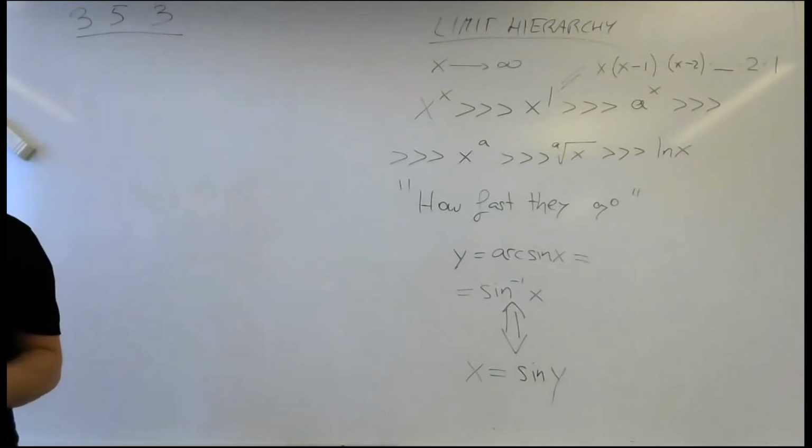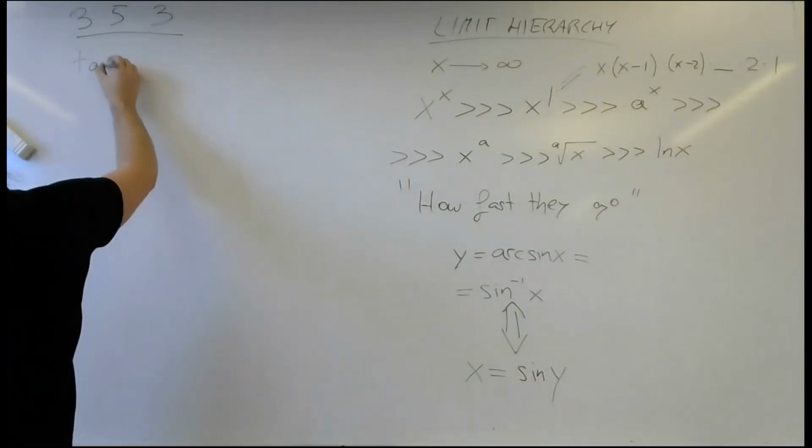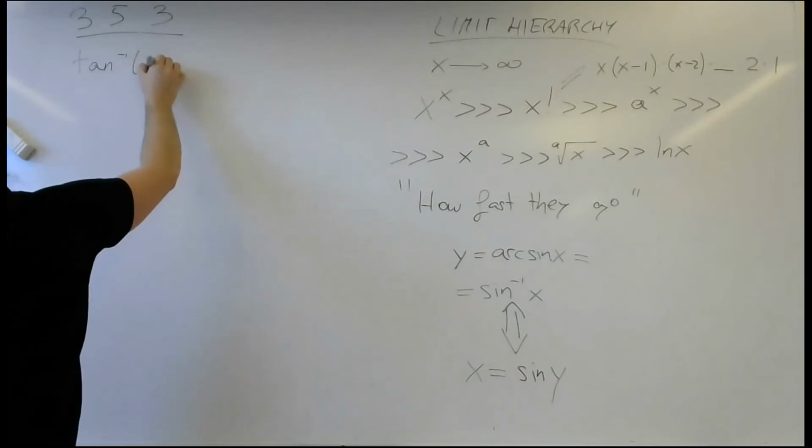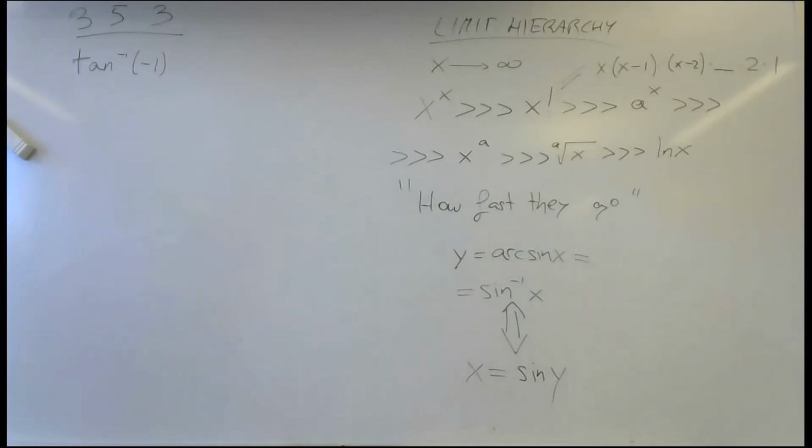Next, we have number 3. And that's arctangent of -1. Quick, 2 solutions.